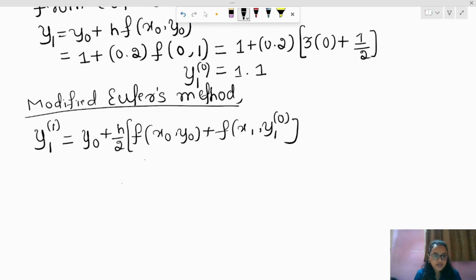Now let us substitute the values. y0 we know is 1 because it's the given initial condition.